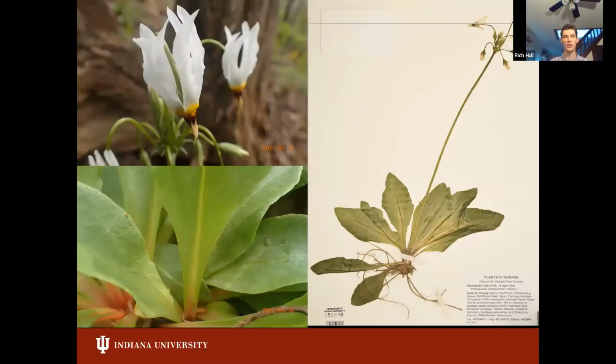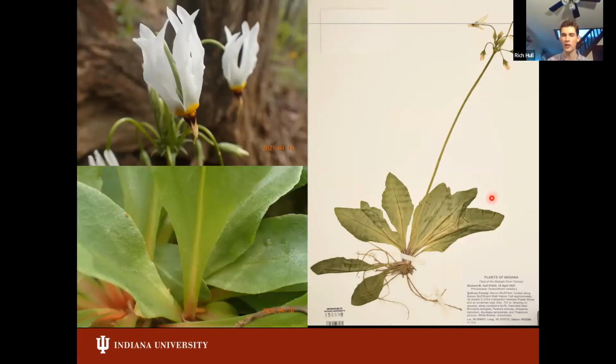So here is one of my specimens from this past year. This is actually the same plant in the field. This is a shooting star species, one of the ones we have in the eastern United States, the most common one. Believe it or not, the really indicative identification feature is how long the base of the leaf is, the petiole here.